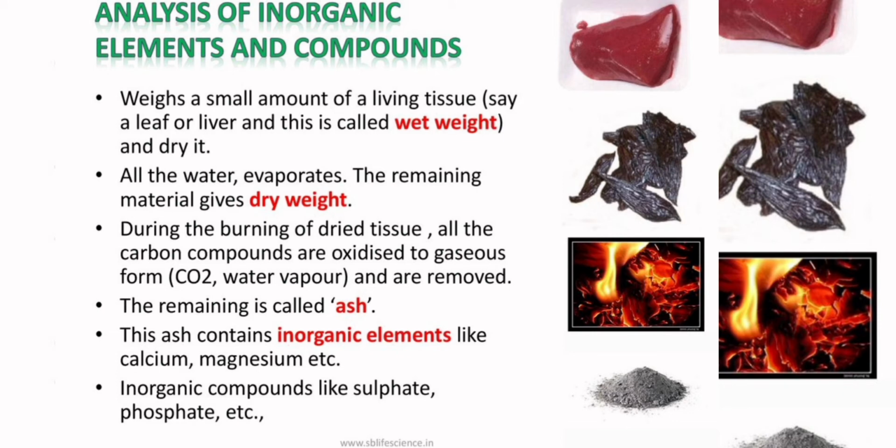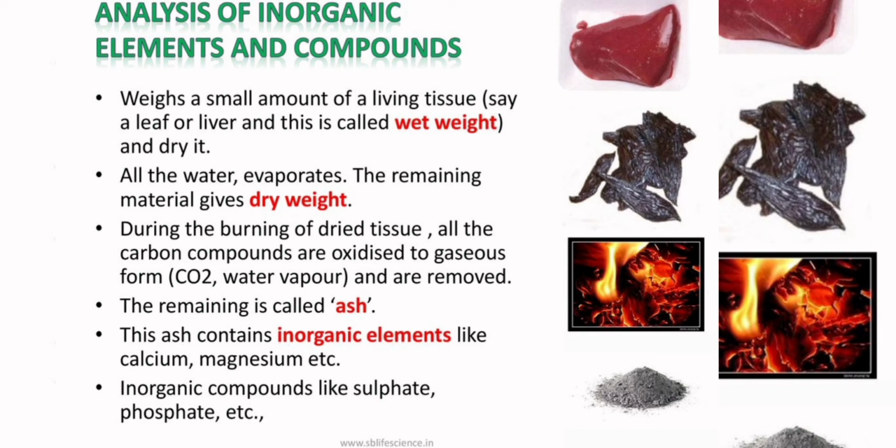There is another technique called ash analysis for inorganic components. After we get the chemical composition of any organic molecule in a tissue, it is necessary to analyze the inorganic elements as well. This can be done by performing a destructive experiment that separates the inorganic component from the organic component in the form of ash.